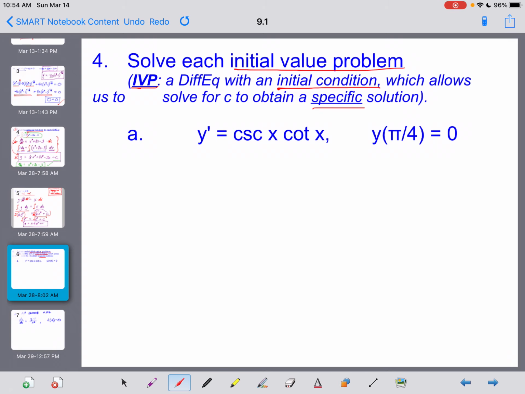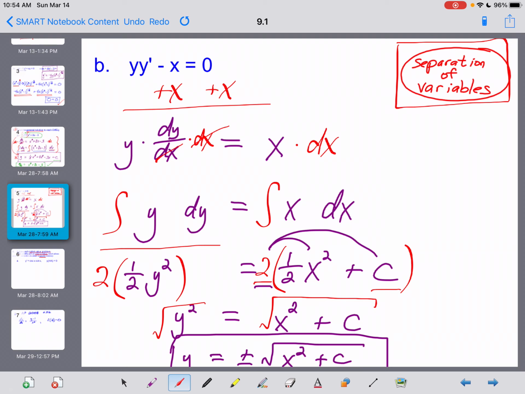If we look back at the last 2 problems that we just did, the presence of that plus c at the end of this solution means that there's actually an infinite number of functions out there that satisfy this original differential equation. They all look like this, but they can have any value they want in there for c. So for example, the square root of x squared plus 5, that would work. The opposite of the square root of x squared minus 9, that would work.